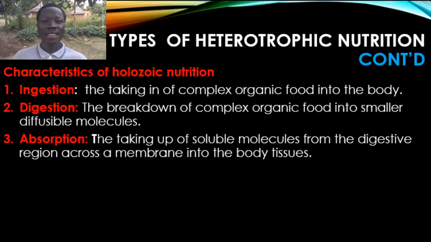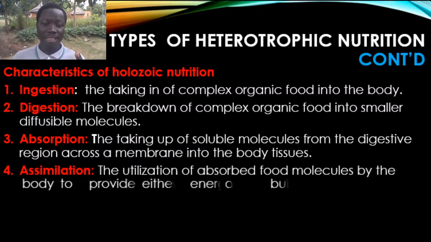Like if it is the cassava that you have chewed and it has been digested up to the level of glucose, this glucose is able to enter through the semi-permeable membrane of the small intestine, and from there it can be transported to the brain with the blood, and then the next characteristic comes into play, and that is assimilation.